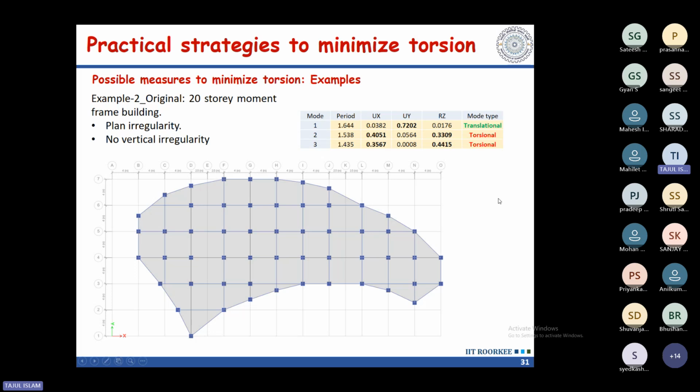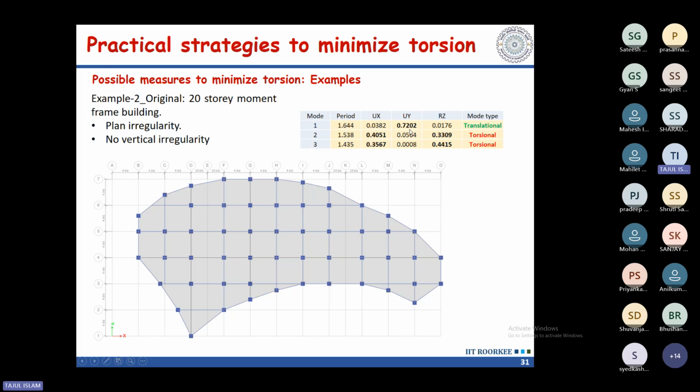Before going to that, let us discuss this. This is also a 20-story building with a moment frame configuration. After doing the model, we have plan irregularity but no vertical irregularity. So modal analysis results are like that.